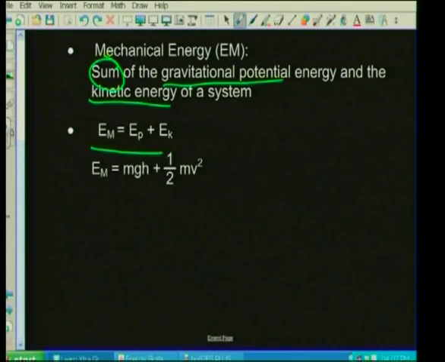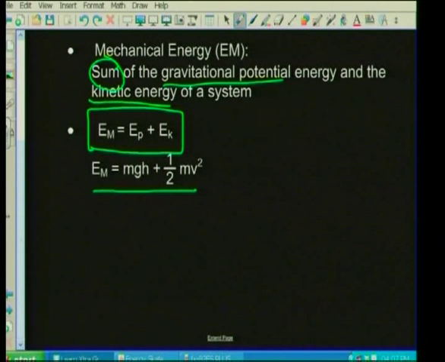So when we write this as an equation, overall we're saying mechanical energy is my potential plus my kinetic. I would write that first, but I can also write it using the two equations I have, knowing that potential is mgh and kinetic is a half mv squared.